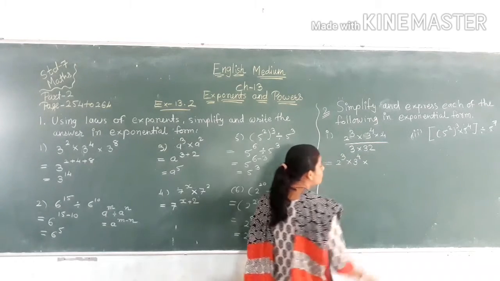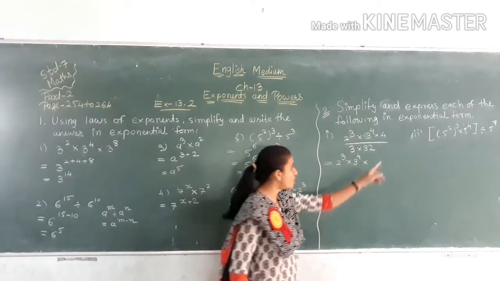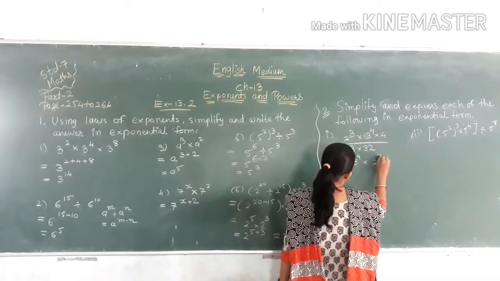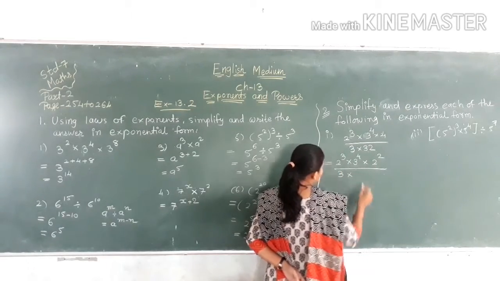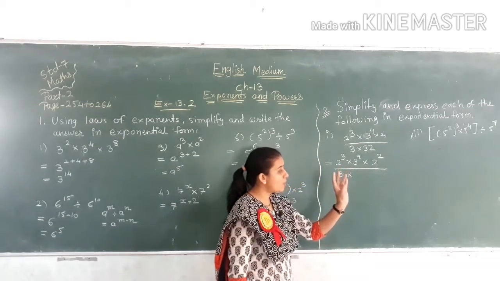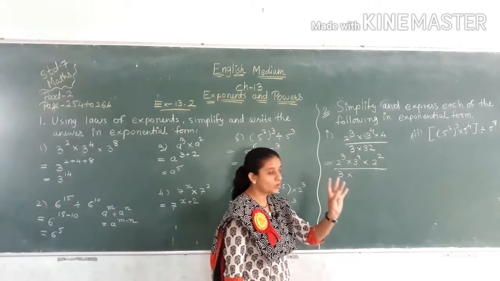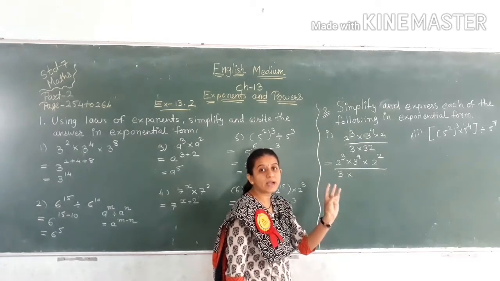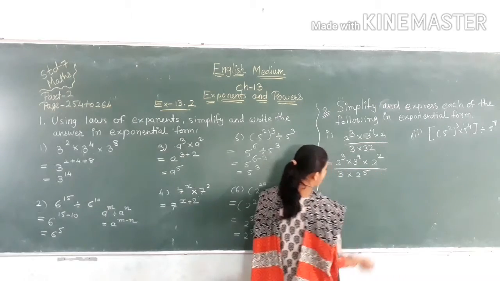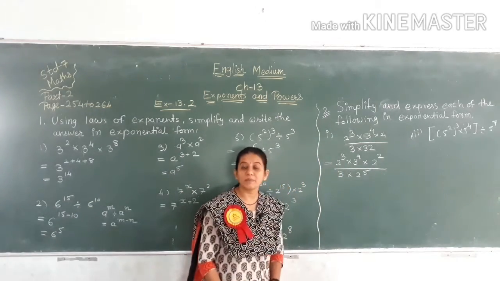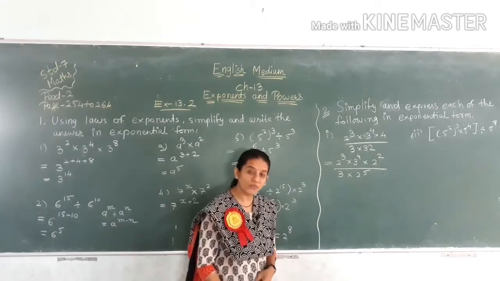Now 2 twos are 4, so for 4 we write 2 squared. 3 multiplied by 2 twos are 4, 4 twos are 8, 8 twos are 16, 16 twos are 32. That means 32 is 2 raised to power 5.